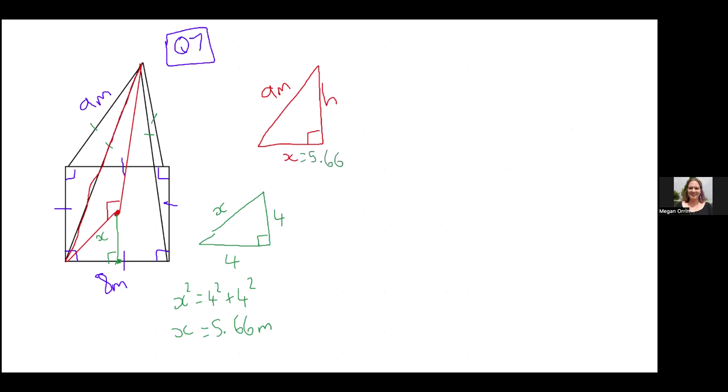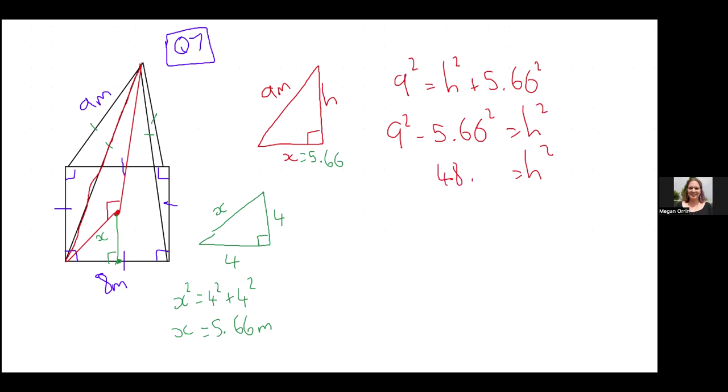Now I don't know this. Again, I can just use Pythagoras. So that means 9 squared equals h squared plus 5.66 squared. So then I bring this across and I subtract it because it's adding, equals h squared. So 9 squared minus 5.66 squared gives me 48.96.